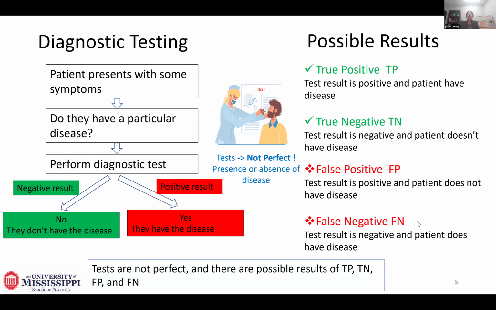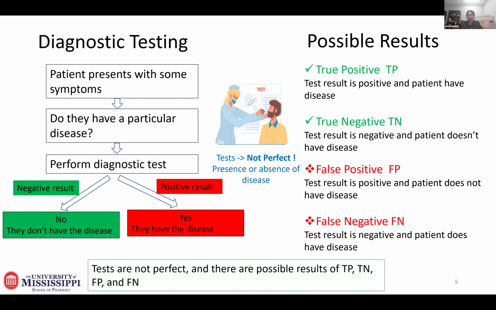Ideally, we want as many true positives or as many true negatives as possible. This means the test result is accurate. True positive means that the test result is positive and the patient has the disease. And true negative means the test result is negative and the patient does not have the disease. But in reality, there can be false positives. That means the test result is positive, but the patient actually does not have the disease.